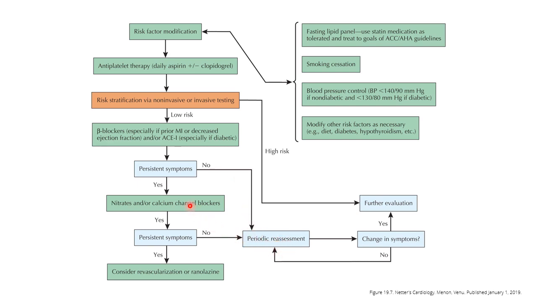If the patient still has symptoms despite beta blocker, ACE-I, nitrates, calcium channel blockers, we consider revascularization. There can be two forms of revascularization. We insert a catheter, usually through the femoral artery in the groin, and it goes back to the heart.